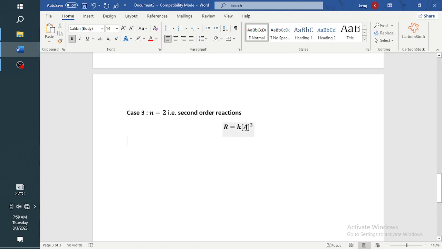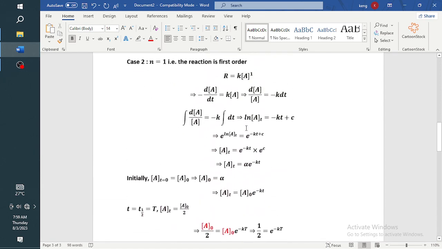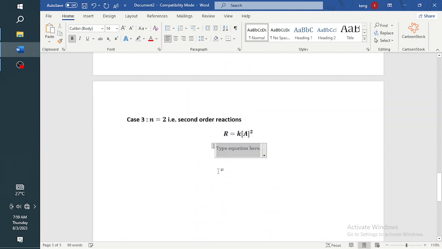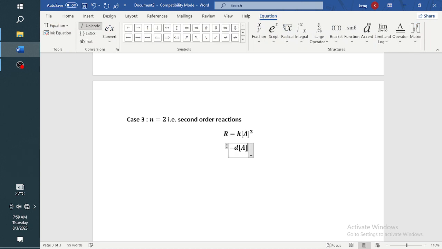So in fact we are just going to replace the rate with negative d of the concentration of A with respect to time, and we equate it to k times the concentration all squared. We just separate variables and integrate normally as mathematics students.